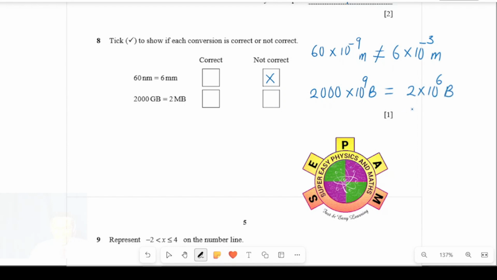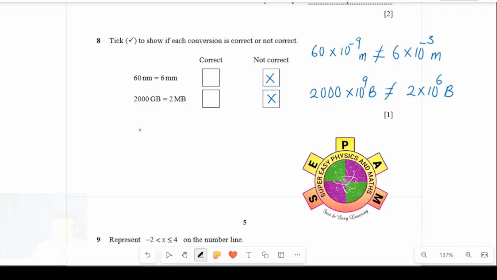That is megabyte. So they are not the same. All you need to remember here is the subdivision of units.